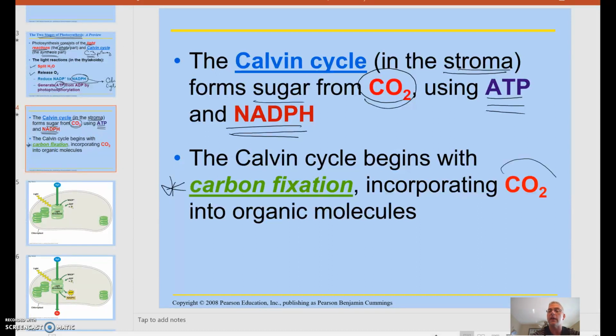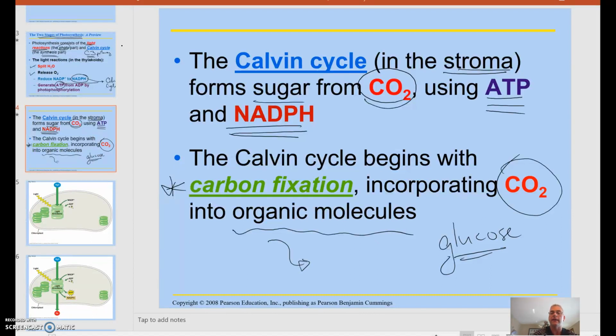That means we're going to be able to take carbon dioxide from the atmosphere and eventually make it into organic molecules. The ultimate organic molecule that we want to see coming out of this is glucose. But what you're actually going to see as we go through it is a molecule of G3P, which is a sugar as well. It's just a 3-carbon sugar.